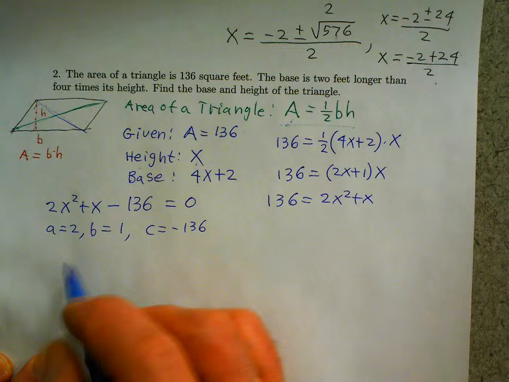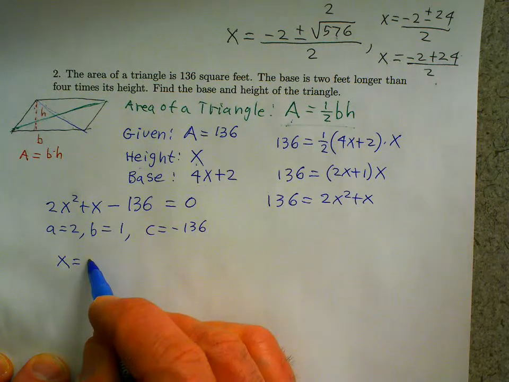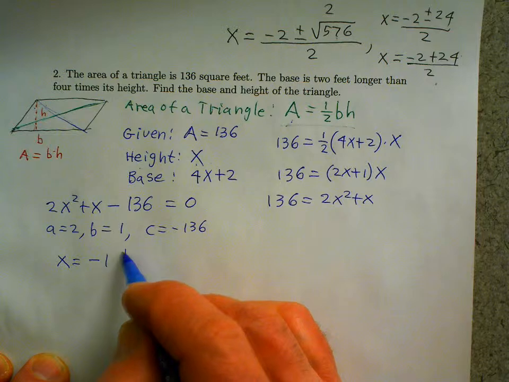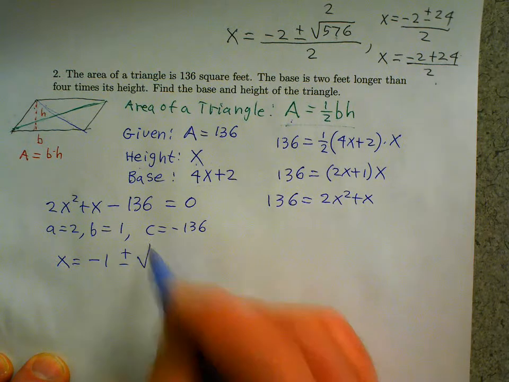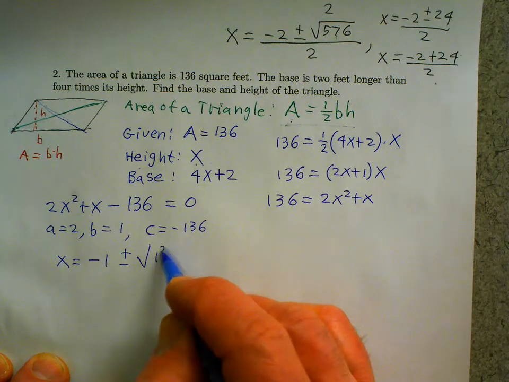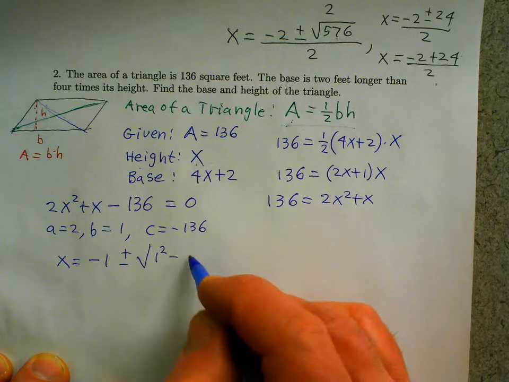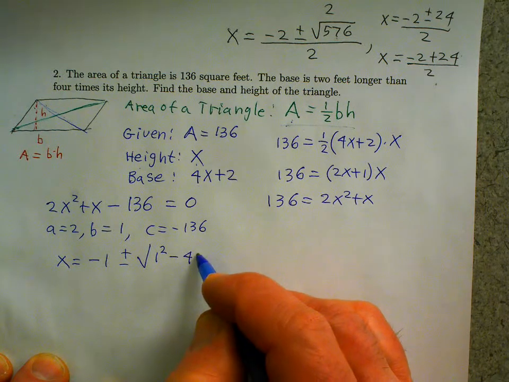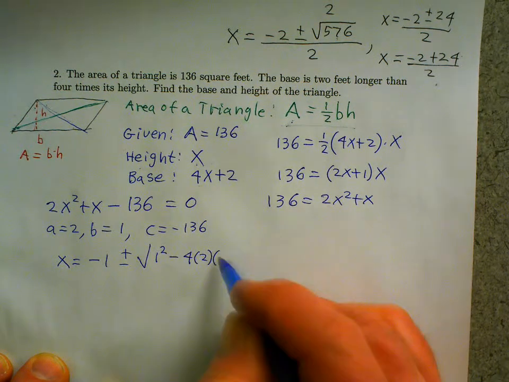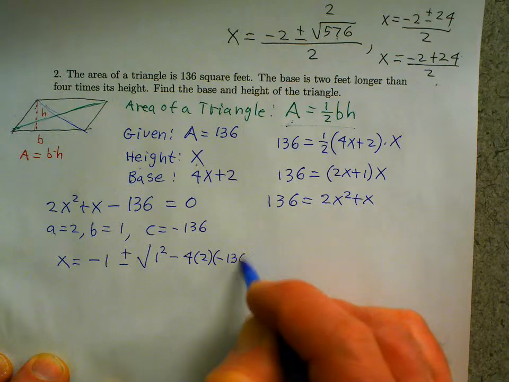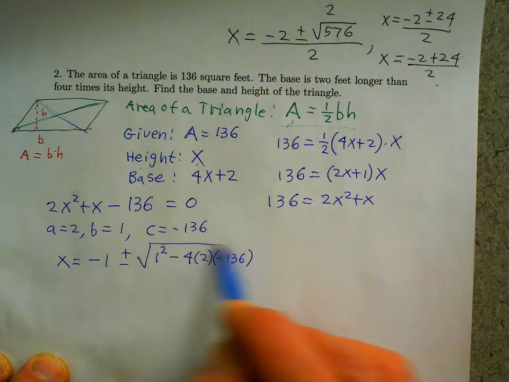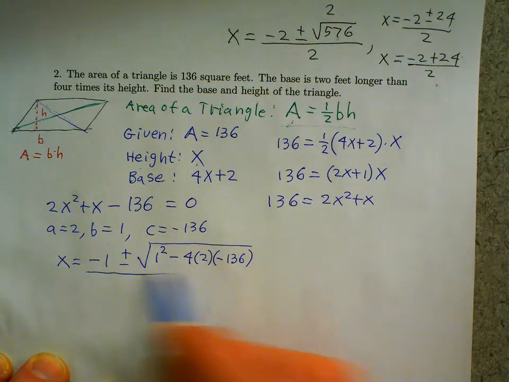Okay, so let's use the quadratic formula. X equals negative B, so that's x equals negative 1 plus and minus the square root of 1 squared minus 4 times 2 times negative 136, all divided by 2 times 2.